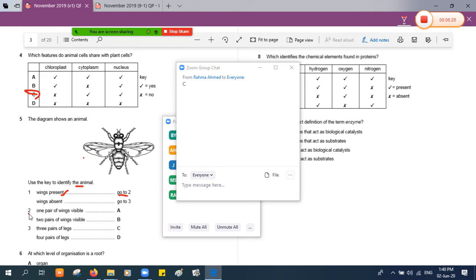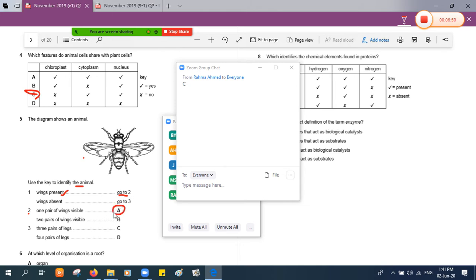So question 2, 1 pair of wings visible or 2 pairs of wings visible? So now you choose from A or B. So here, how many pairs of wings do you see? I see only 1 pair. So it will be letter A.